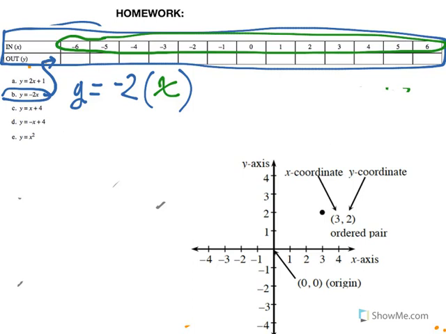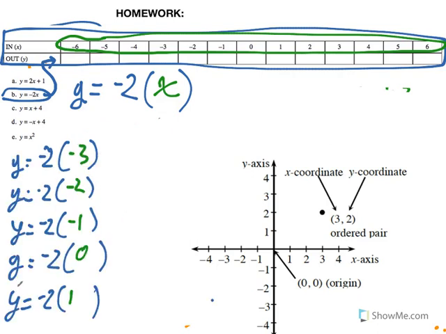What I like to do is simply write out this rule like y equals negative 2, negative 2, negative 2. I'm not going to do all these numbers just because our axis only goes up to 4. We just plug our x values into each rule.